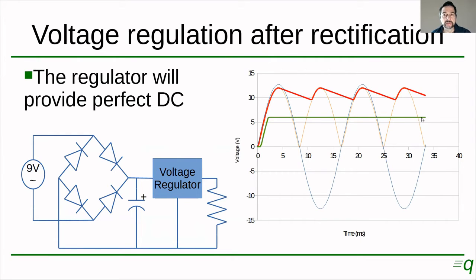So this is the first or the major application of using a voltage regulator. It would be to obtain a pretty much perfect DC voltage after rectifying and filtering AC.